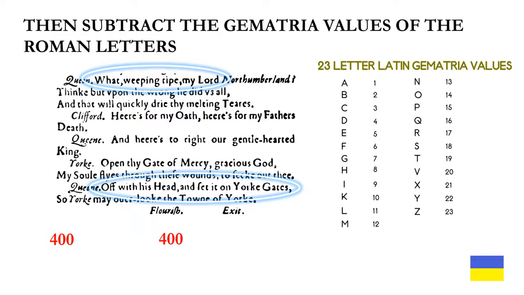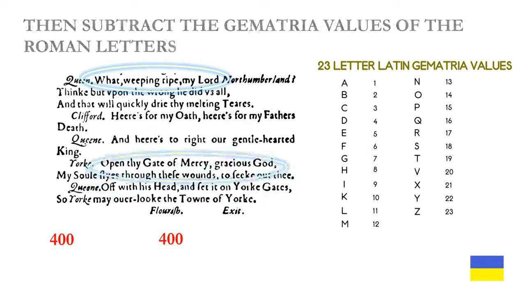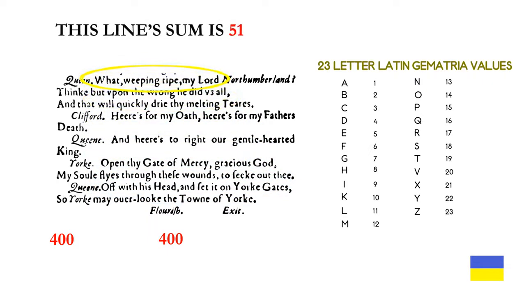After fiddling around with these numbers, I found out that we subtract the gematria values of the Roman letters in the lines that are next to it. The first line sum is 51. The second line sum is also 51. That's a clue to me that I was on the right track.